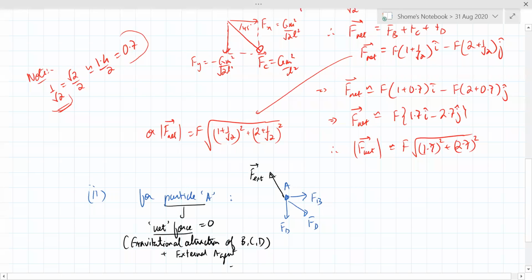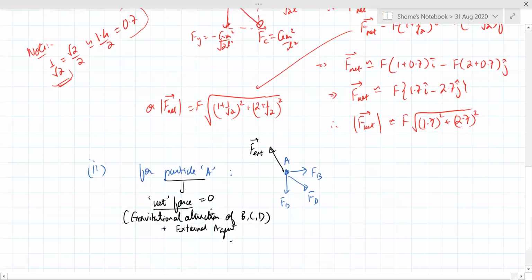By net force now we don't mean the net gravitational attraction, but we mean the external force plus the gravitational attraction. That has to be 0, okay, because A has to be held in place.